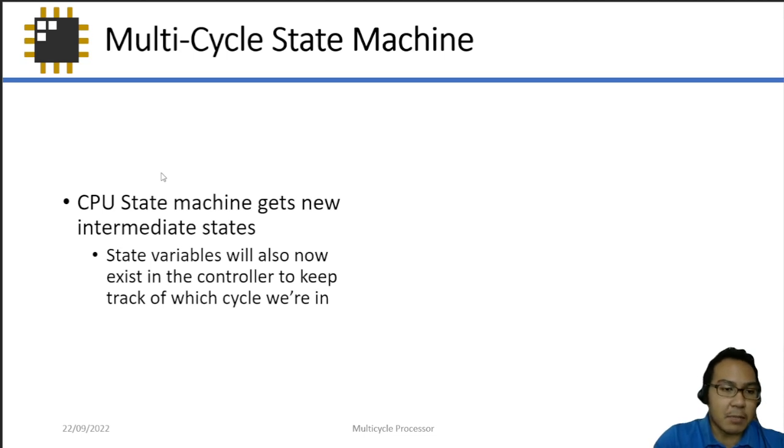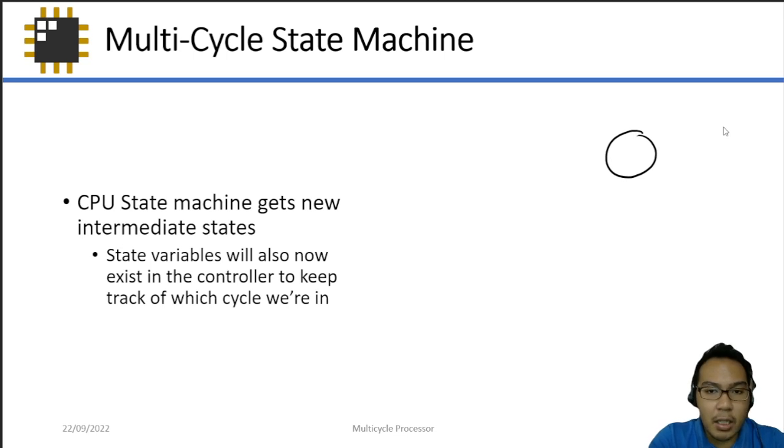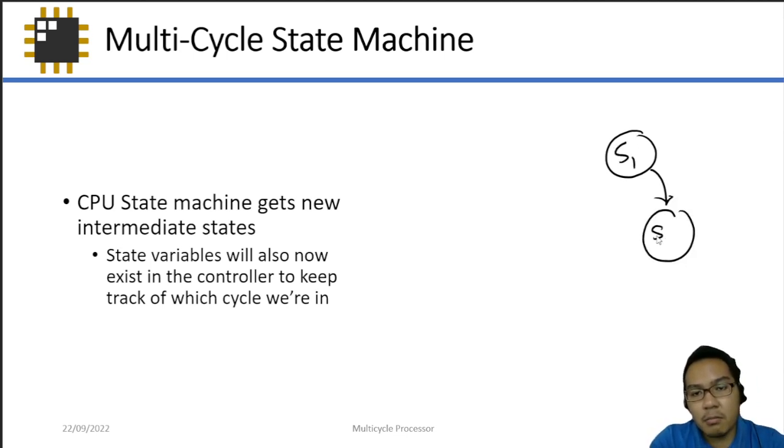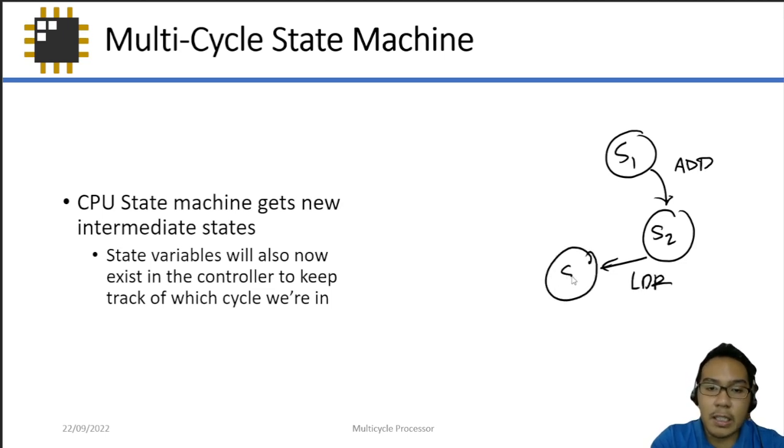The multi-cycle state machine. For the state machine, the thing that happens is that it gets new intermediate states. Remember, initially we go from one architectural state to the other. Whenever we read a new instruction, the architectural state changes again.